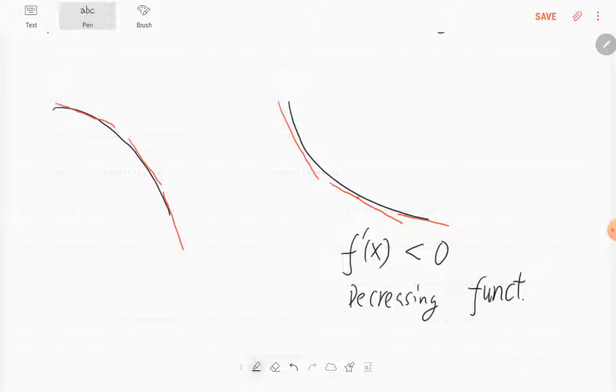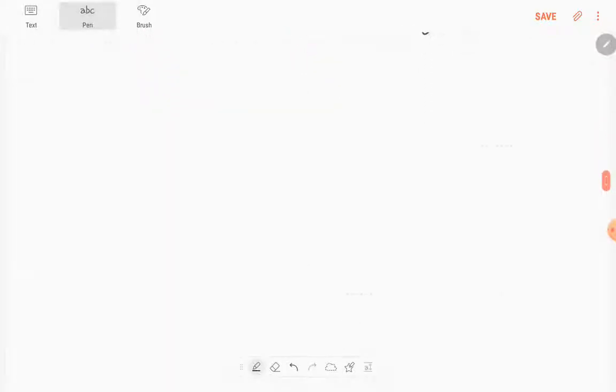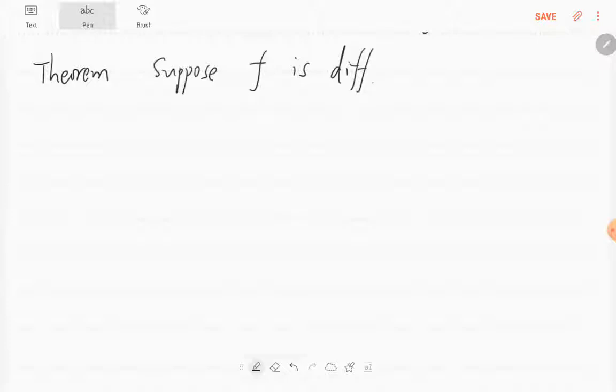So these observations give us the following result. This is the theorem. We suppose f(x) is differentiable on the open interval (a, b).